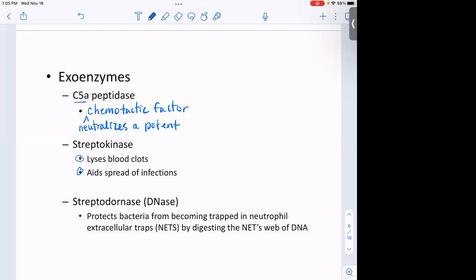Neutrophils have a way of expunging their DNA in order to trap invading pathogens. Well, here's a way that those pathogens get out of that. They can secrete streptodornase, which breaks down that sticky web of DNA so that they're not immobilized.